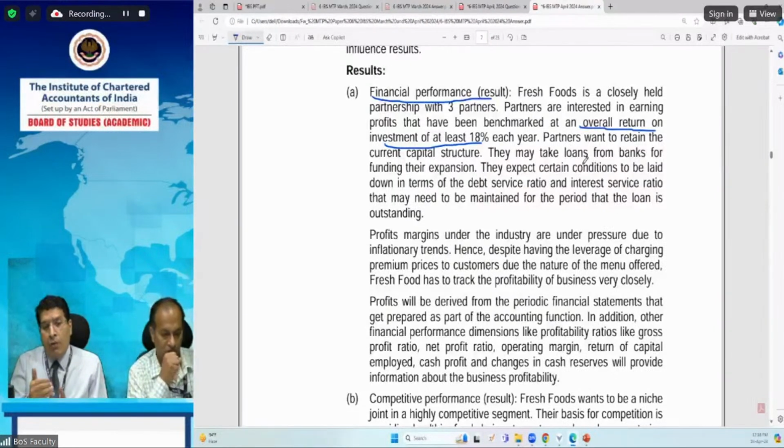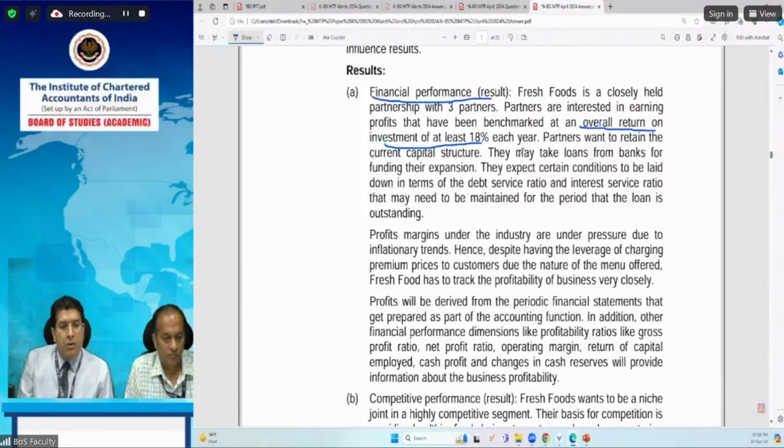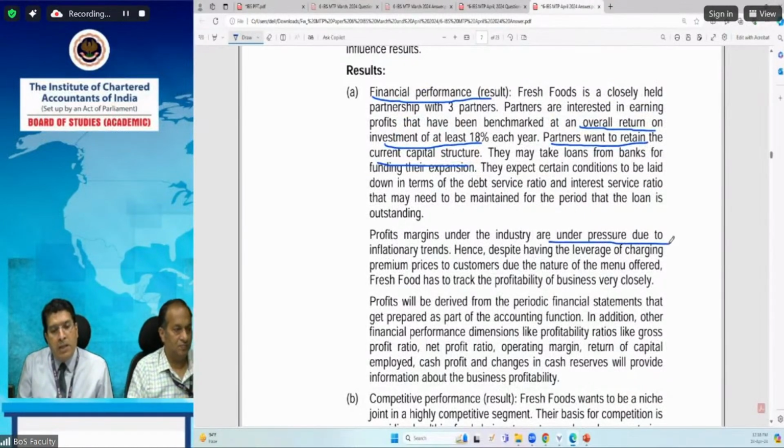If they want to take a loan, it means they don't want to change their capital structure. Accordingly, this will also be covered in my financial performance. This part also covers some discussion about pressure due to inflationary trends.